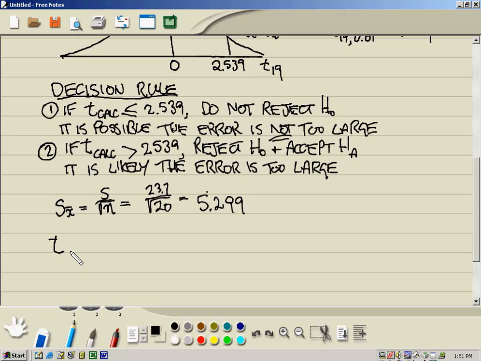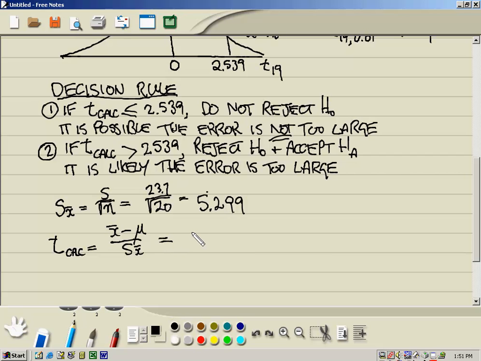Now we can do our tcalc. Remember, tcalc is just like the zcalc. X bar minus mu divided by S of x bar tells us how many standard deviations there are between the hypothesized average and the sample average.